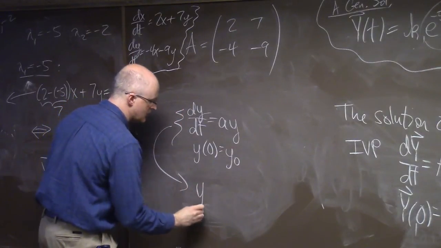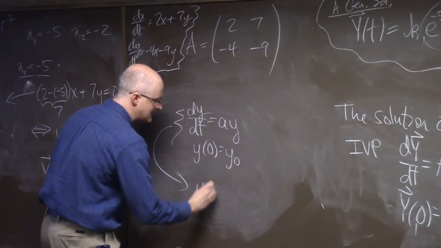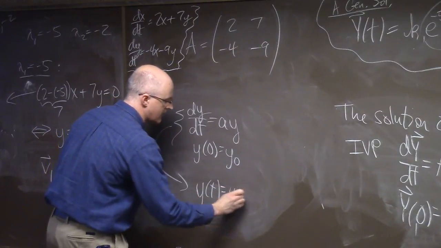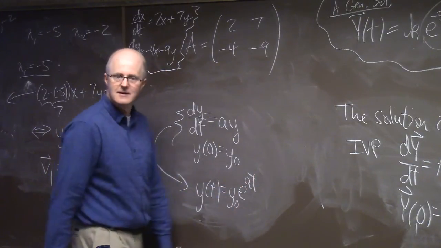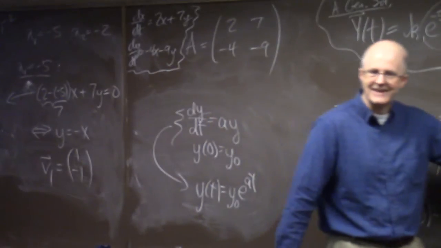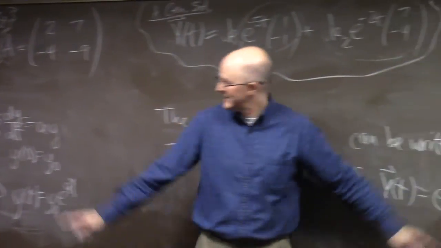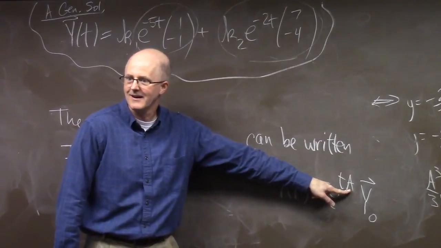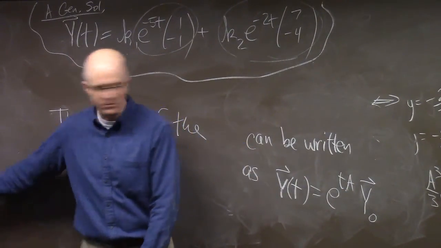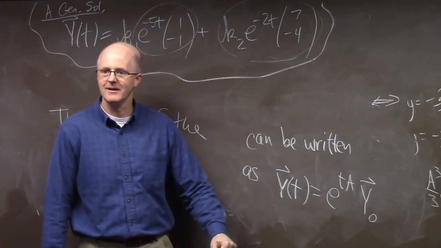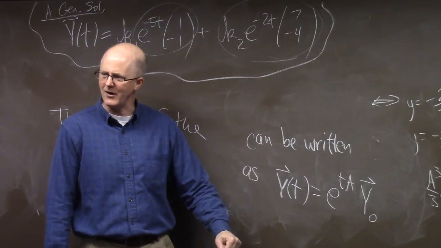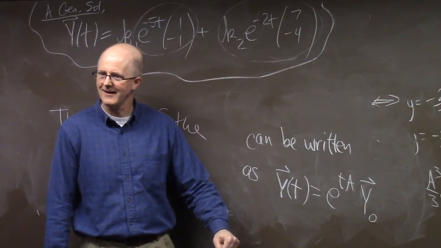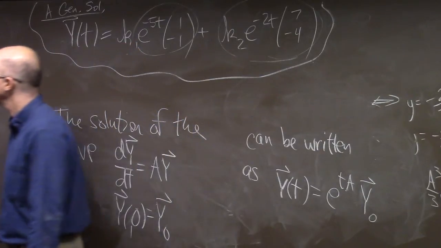That's got unique solution. Y of t equals y sub 0 e to the at. This is very analogous to that. The number a gets replaced by the matrix A. The number y0 gets replaced by the vector capital Y0. That's kind of cool. That's the next thing to know.